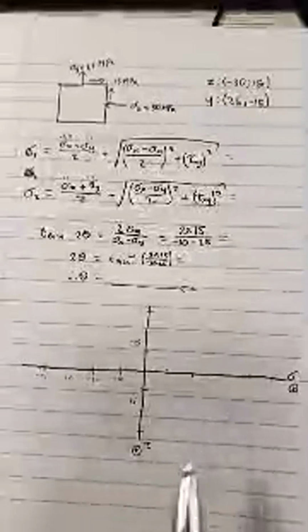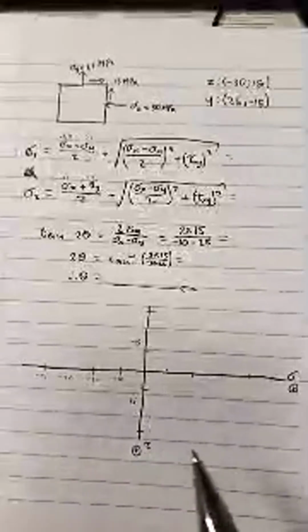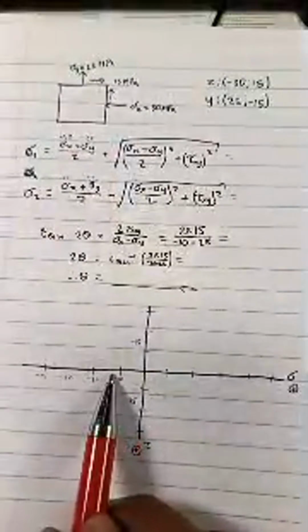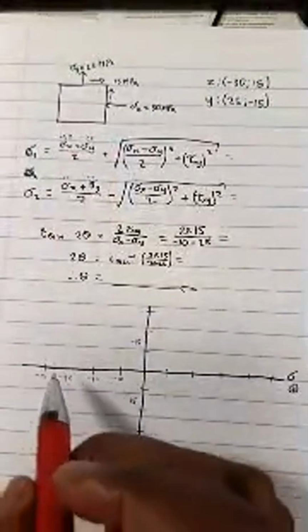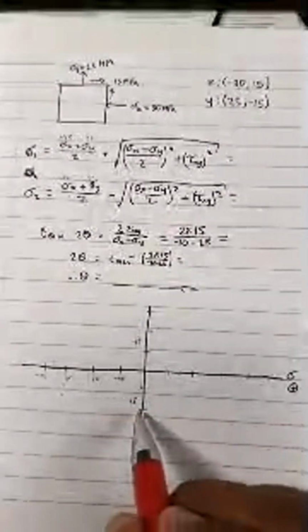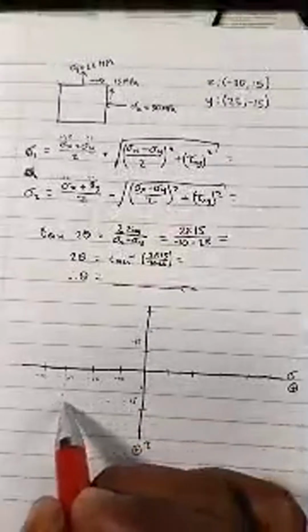Then because that is the shear part, x is negative because it's compressive. So x will be on this side as minus 30. There is minus 30. That minus 30 goes with positive 15. So meaning this is what we have.